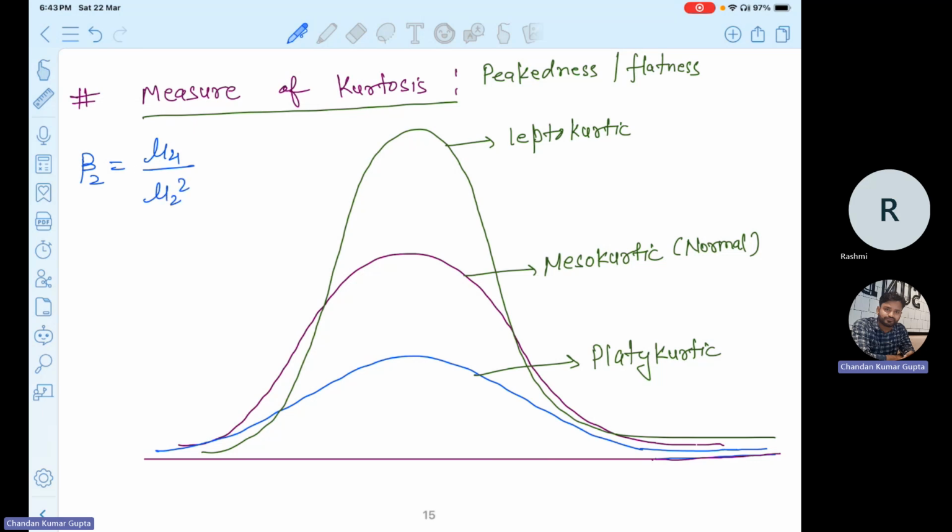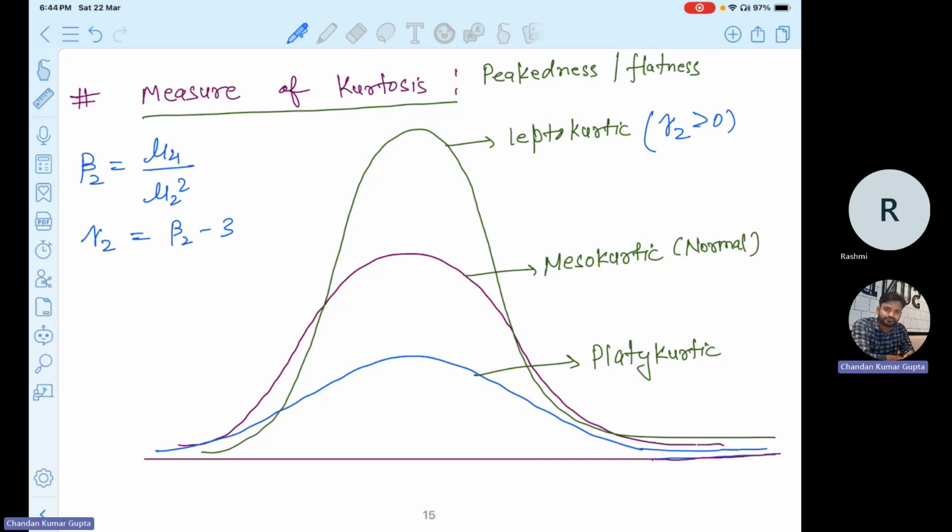Mu 4 is the fourth order central moment, and mu 2 is the second order central moment, which is the variance, so mu 2 square is the square of variance. Similarly, gamma 2 is also there, defined as beta 2 minus 3. Okay, so for the leptokurtic curve, the value of gamma 2 is greater than 0.